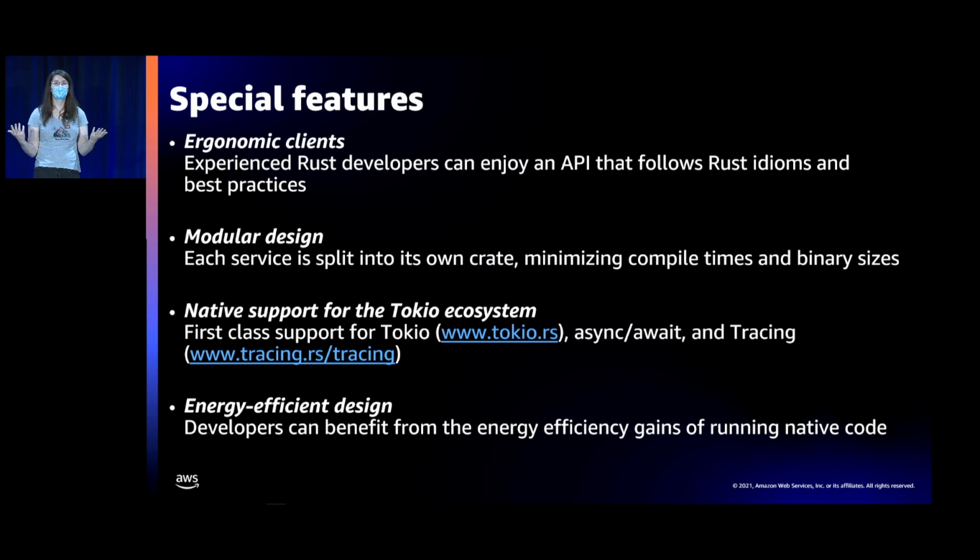It's pretty great to use. You can do all sorts of cool stuff with it. And we do our async logging with the tracing crate. We have a couple of different examples of how to do that. So if you're interested in how to set up that kind of logging for your own app, you can just go to the repo, look in the examples folder, and it's all in there. And you may have learned this from another talk that we had earlier in the week. Rust is native code, so it's energy efficient, and anyone using this SDK can benefit from that.